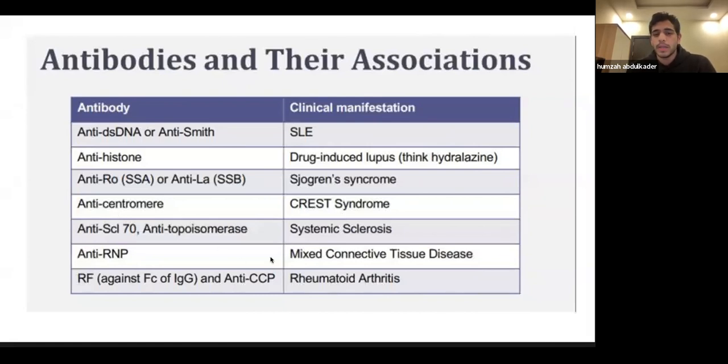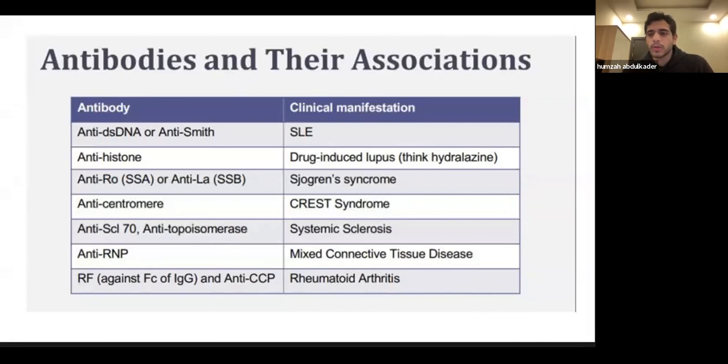Anti-RNP is mixed connective tissue disease. I think they say U1 RNP. And then rheumatoid factor or anti-CCP is associated with rheumatoid arthritis. And another tidbit in case they ask is that neonatal SLE is associated with AV block or heart block, just in case they ask.